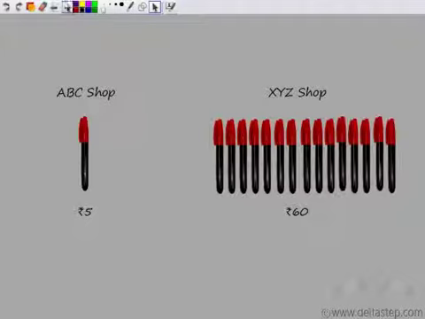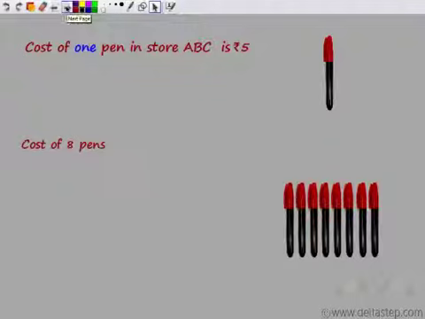Let's look. What we know is that ABC shop sells 1 pen for 5 rupees. And we want to find the cost of 8 pens.